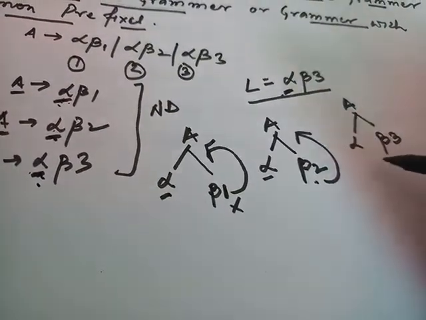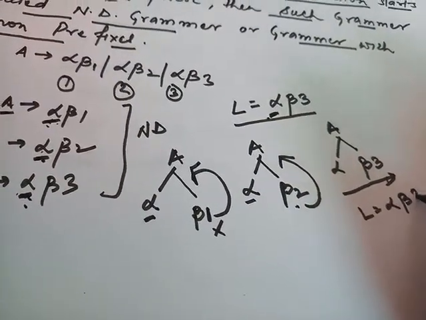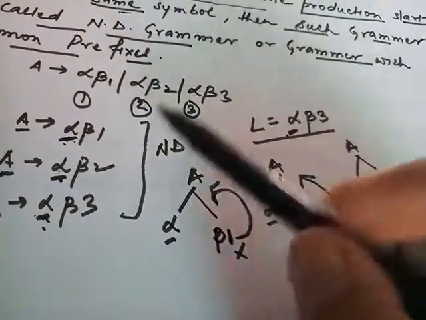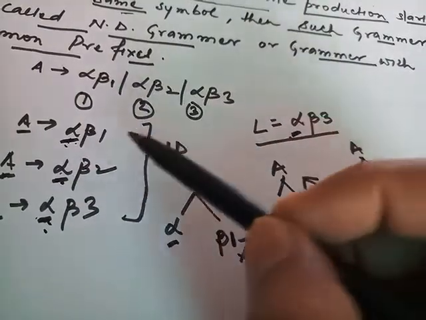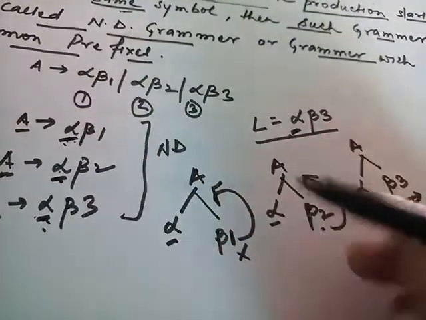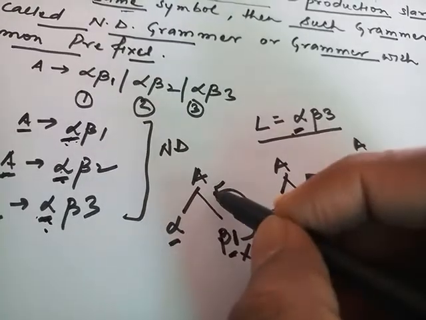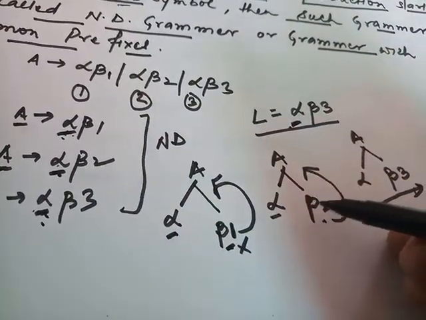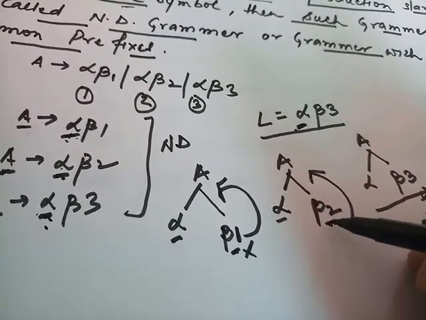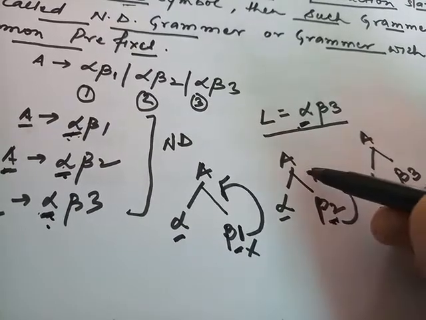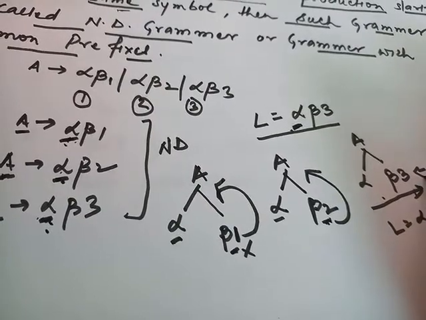Now you got the language, L equals alpha beta 3. But the problem is that since they have common prefixes, you can use production number 1, but at one moment you realize that you are getting the wrong answer, so you backtrack. Then you use production number 2, and again you realize it is a wrong production, so you backtrack, and in the third case you come to the desired result.